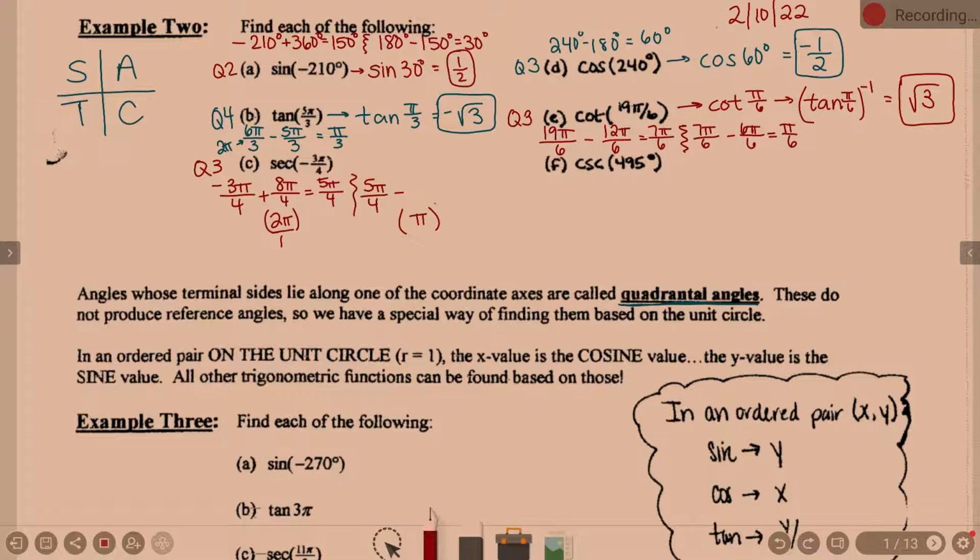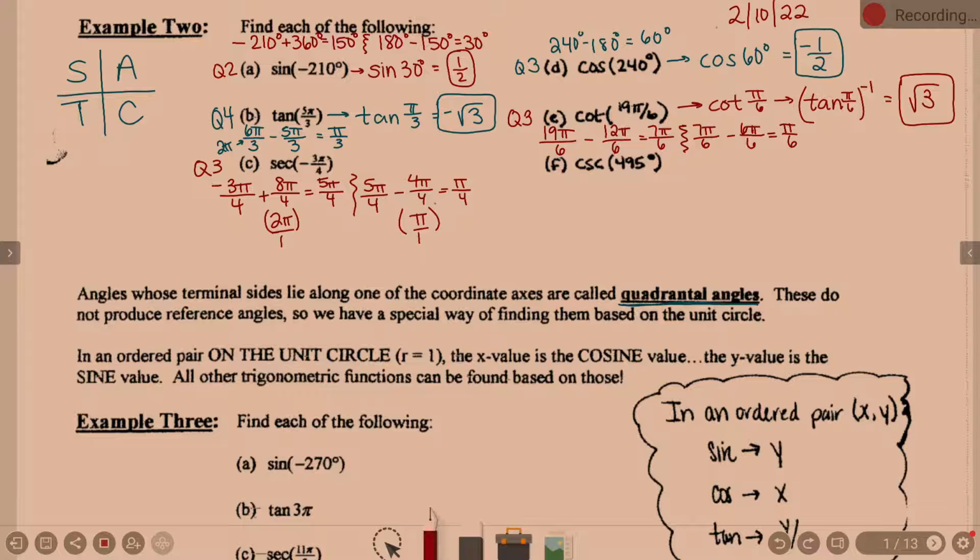But I need 1 pi as a fraction with a common denominator. If you think it's pi over 1, then we're going to make it 4 pi over 4. And 5 pi over 4 minus 4 pi over 4 is 1 pi over 4. Oh, guess what? That just so happens to be on our chart, doesn't it? Magical coincidence every time, guys.